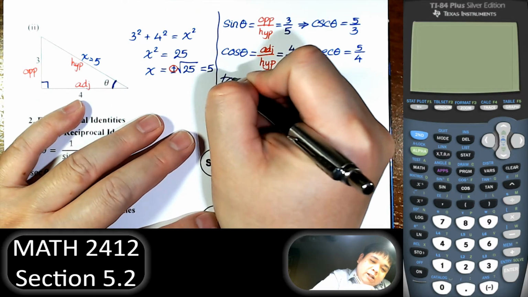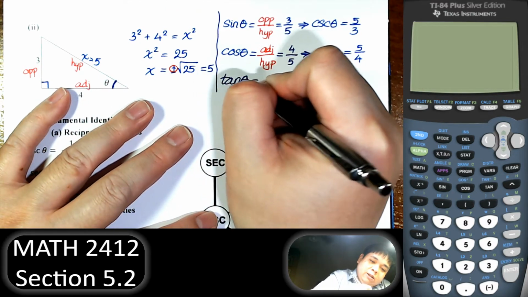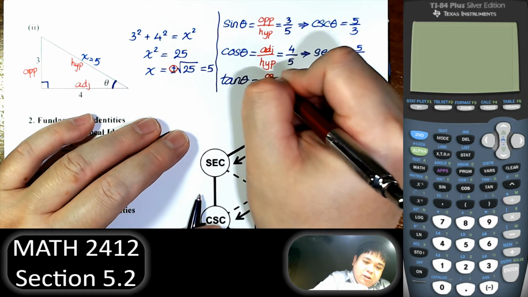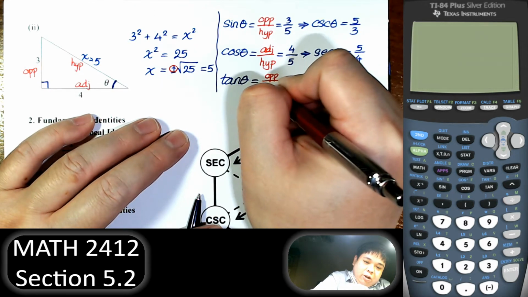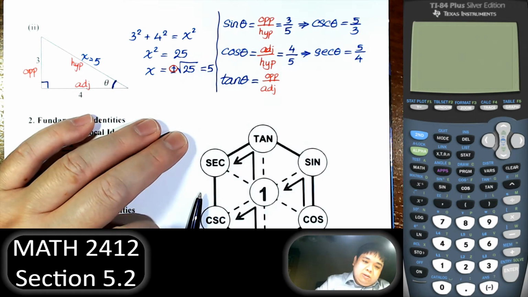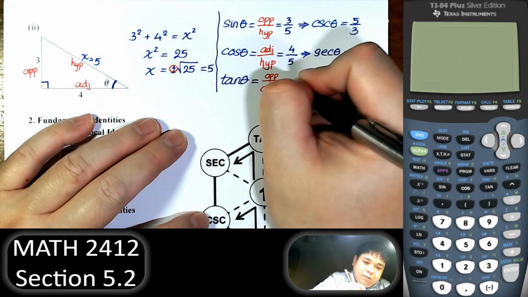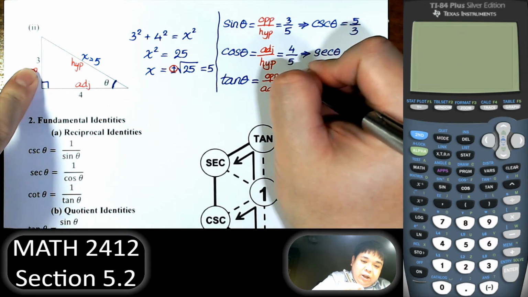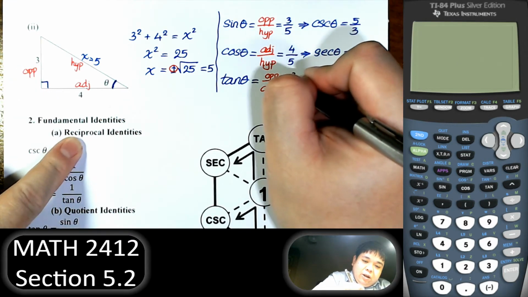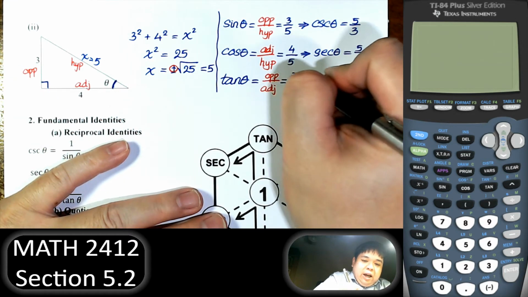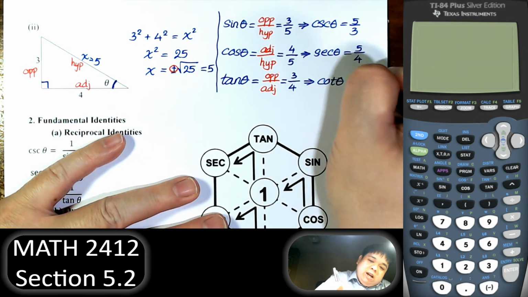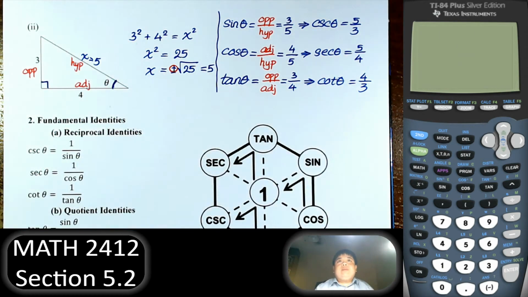And then tangent is opposite over adjacent, opposite 3, adjacent 4, and then cotangent is the reciprocal of that. Right, so that's what we have.